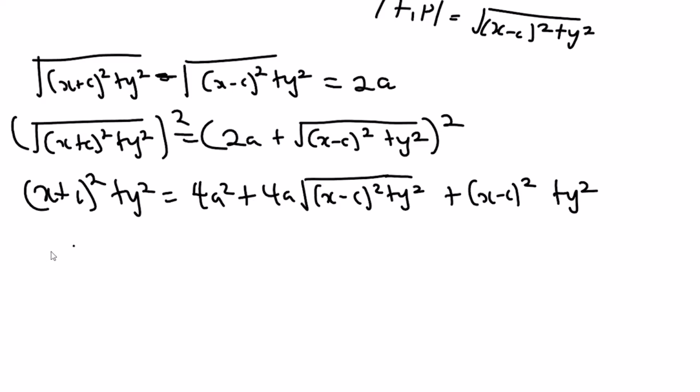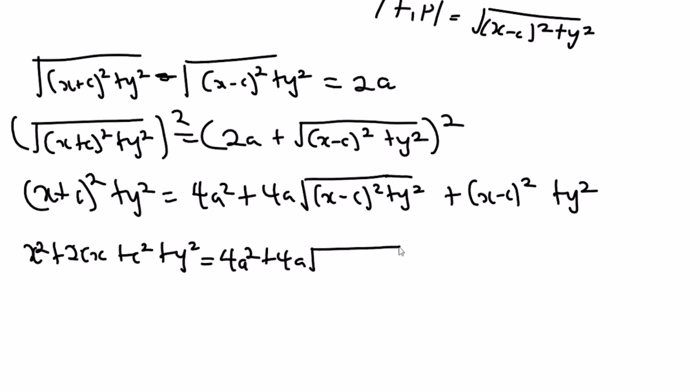Okay, so with this, let's try to expand the ones here. So this is going to give us x squared plus 2cx plus c squared plus y squared being equal to 4a squared plus 4a root of x minus c squared plus y squared. Then plus, let's expand this to get x squared minus 2cx plus c squared plus y squared.